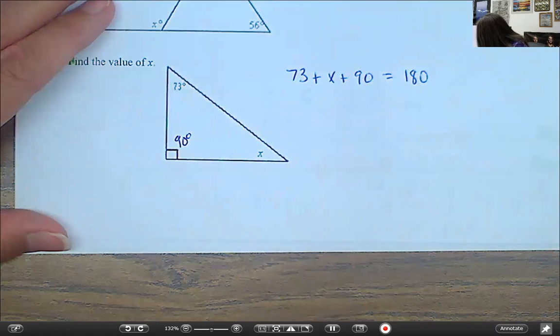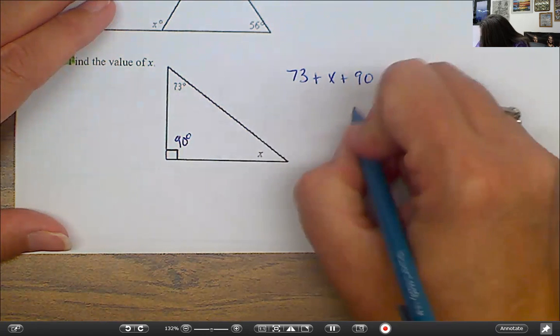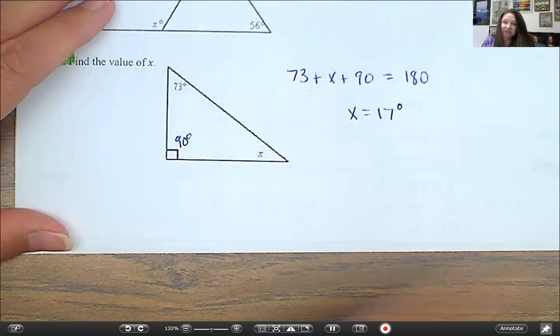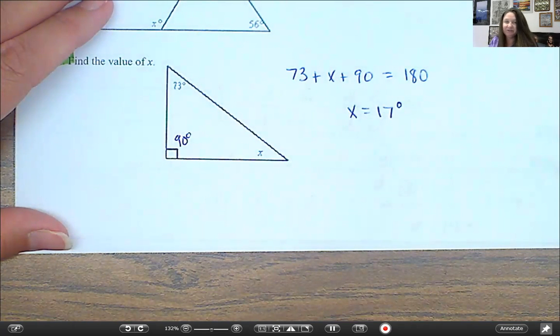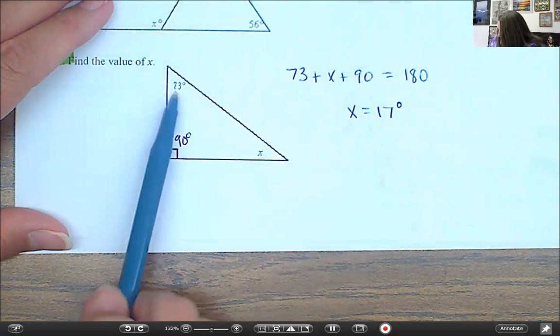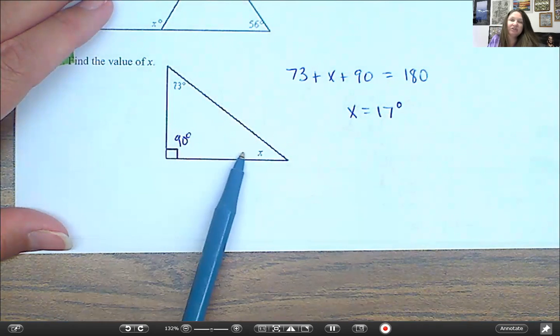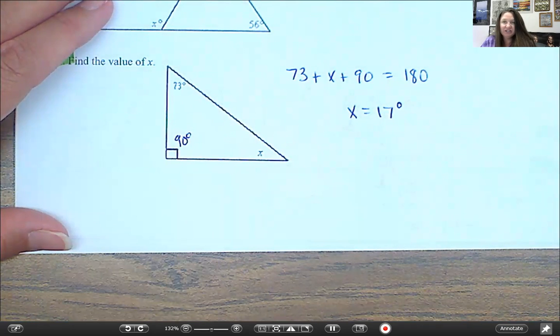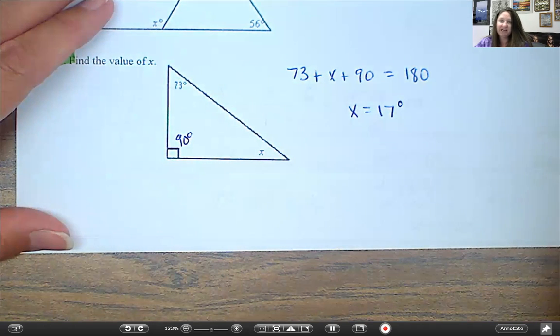So I can take 180 on my calculator and subtract off those two given angles, and we'd be left with a measurement of 17 degrees for that remaining angle. Okay, your two acute angles in a right triangle should be complementary, or should add up to 90 degrees, and you can see that that would work with our angle measurement.